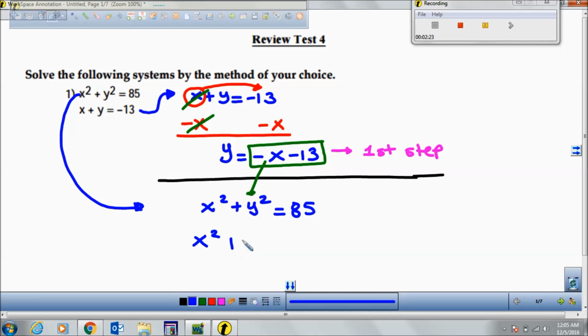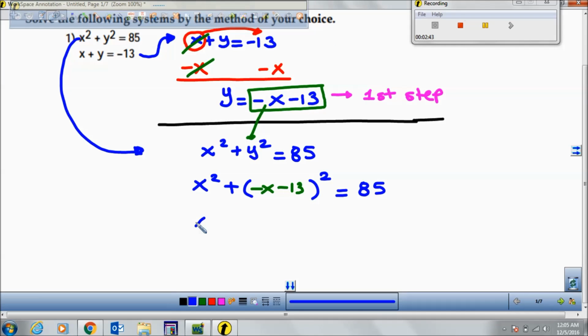So x squared plus parenthesis, because the y is going to become multiple terms, negative x minus 13. And the y is raised to the second power, so whatever you substitute into the y has to also be raised to the second power.